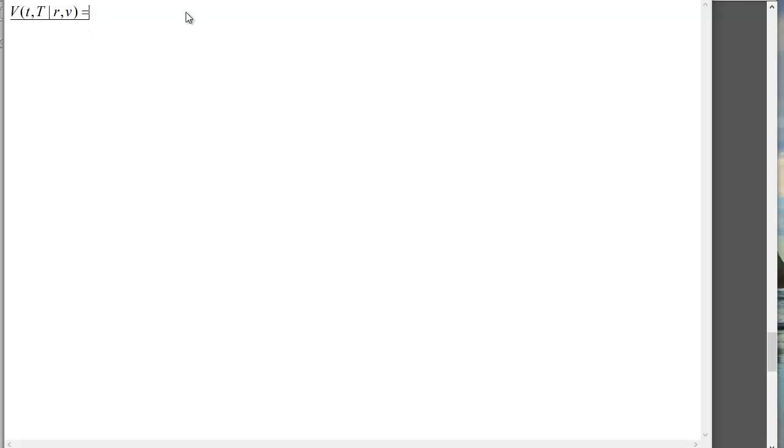And it's equal to a conditional expectation where we have something conditional on r of t is equal to r and v of t is equal to simply v.